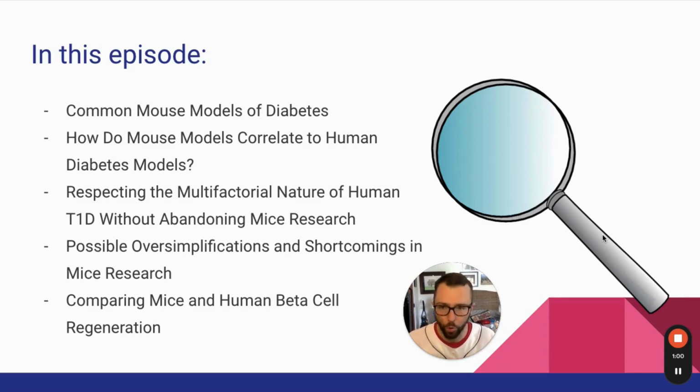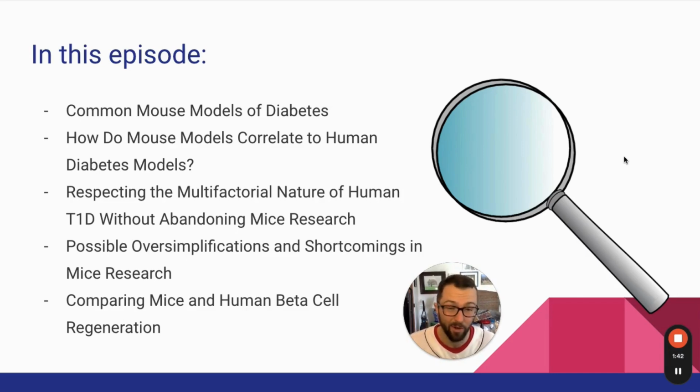We'll talk about some of the shortcomings between them, some things that I do that help me use information from mice research and transpose it over the human system, and some of the required understandings that serve as a foundation for those comparisons, because you have to know a little bit more about the human system to take what you're learning from mice systems and make it make sense in human models. That's what today's episode is going to be focused on. We'll cover each of these points.